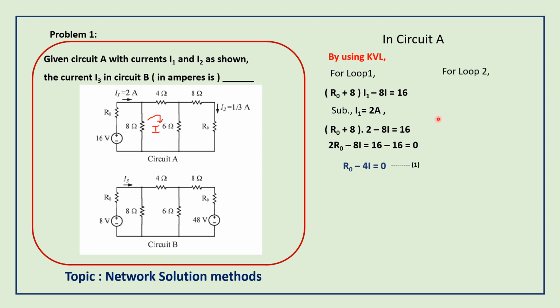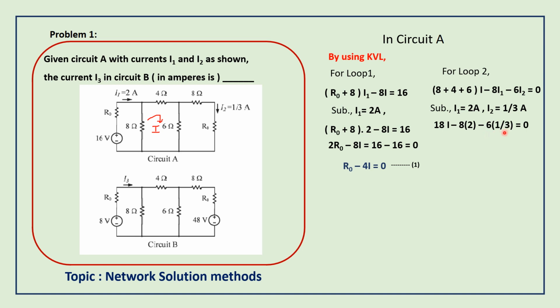So for loop 2, I am writing the equation (8 plus 4 plus 6) into I minus 8I1 minus 6I2 equals 0. Now I am going to substitute the values of I1 and I2 because they are given values. We substitute I1 equal to 2 amps and I2 equal to 1 by 3 amps in this equation. So the equation will become 18I minus 8 into 2 minus 6 into 1 by 3 equals 0.